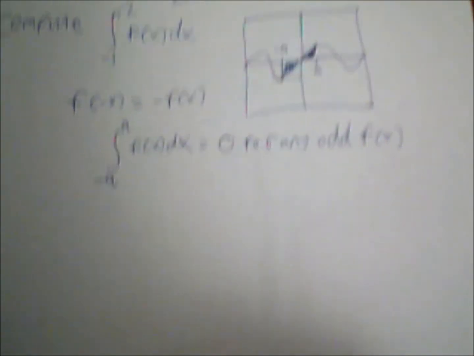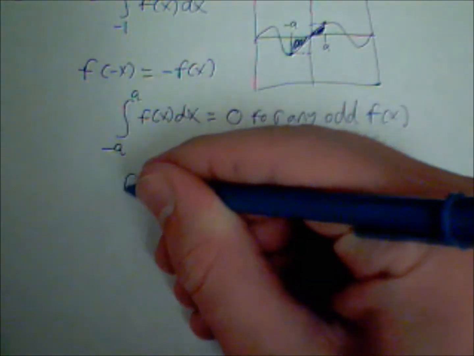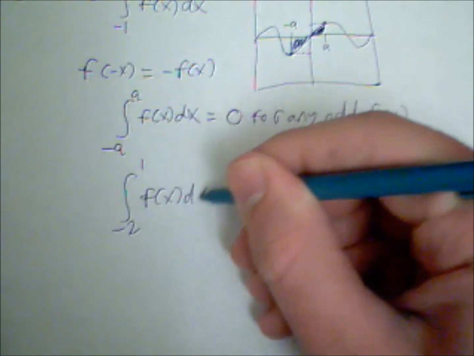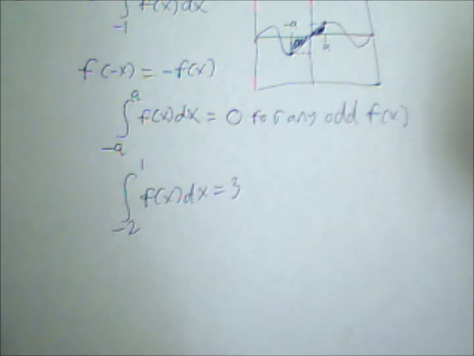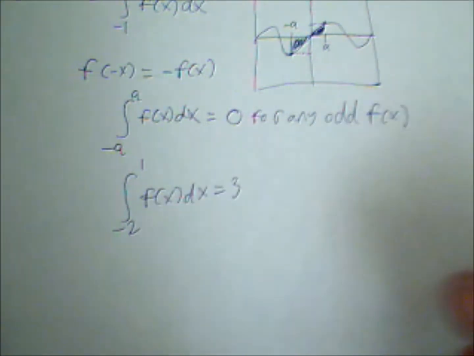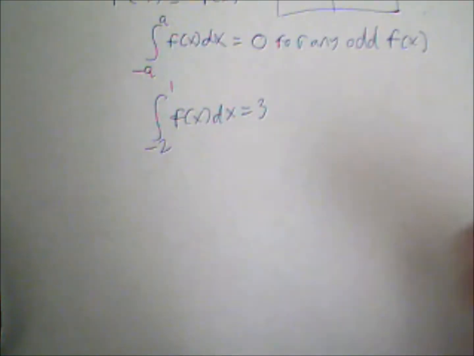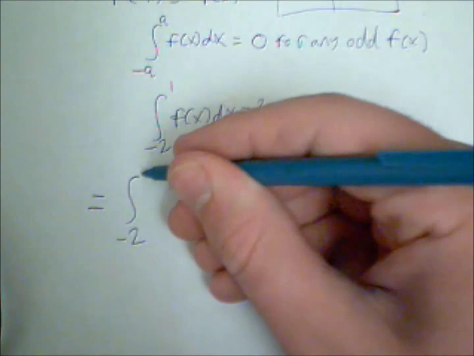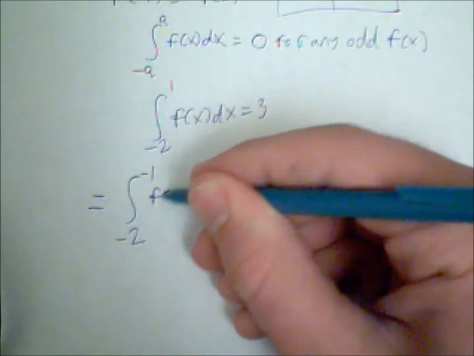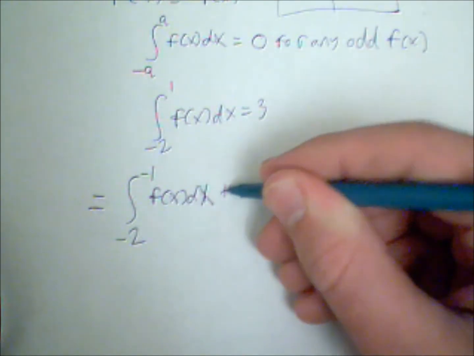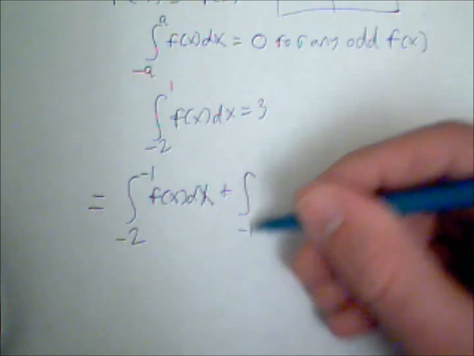So what does that mean for us? So we know the integral from -2 to 1 is 3. But we also know that this integral here is equal to the integral from -2 to -1 plus the integral from -1 to 1.